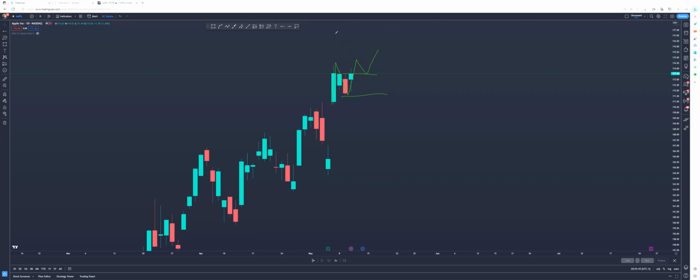When you're looking to make a trade on Apple, this is Apple's high, right? So we want to break. If we have this push up, we stop right here, pull back, and break this high, then the new order block is right here.